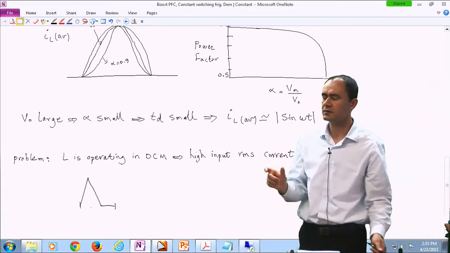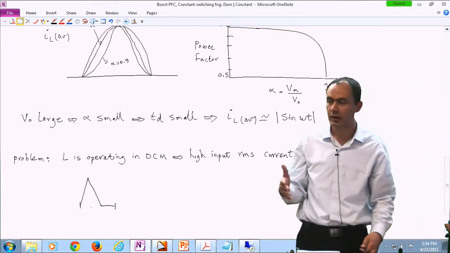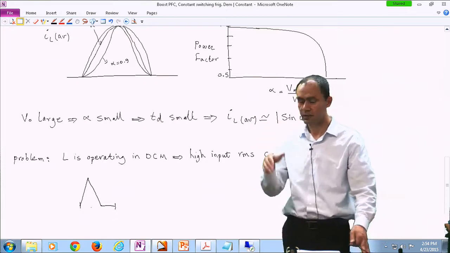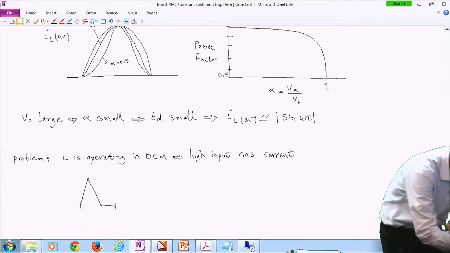Your objective is to deliver, say, an RMS of 2 amps through the inductor. You can do it this way, or you can do it in a continuous way, this way.